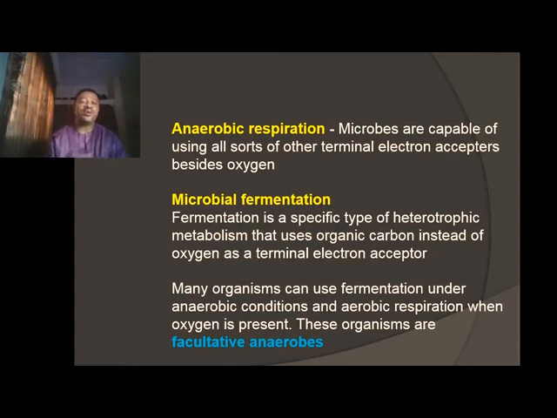But when oxygen is not available, then it will opt for anaerobic means of respiration. Now, when you have an organism like this that can swap between aerobic and anaerobic processes, we refer to them as facultative anaerobes. It is unlike the obligate anaerobes that will not survive in the presence of oxygen.